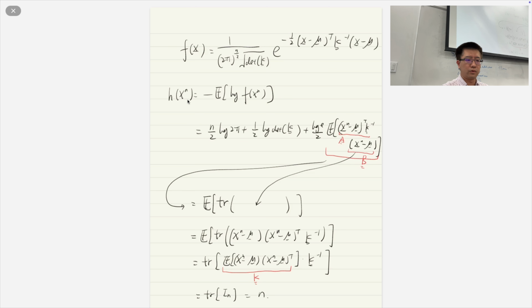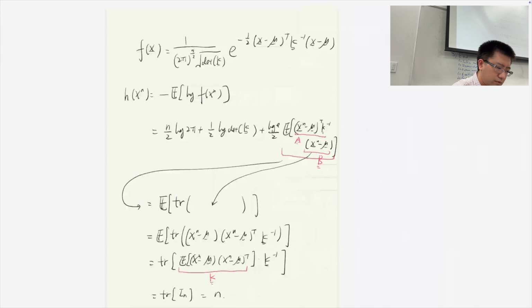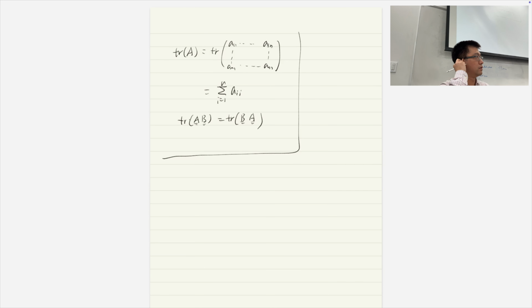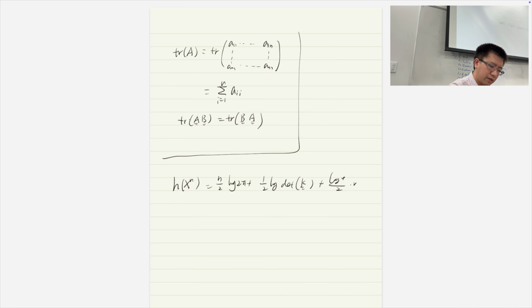So then this will equal what? Let me write it in the next page. It will be this one plus this one plus this multiplied by n, right? So h(x_n) will just equal this guy plus the log determinant of K plus log e over 2 times n.